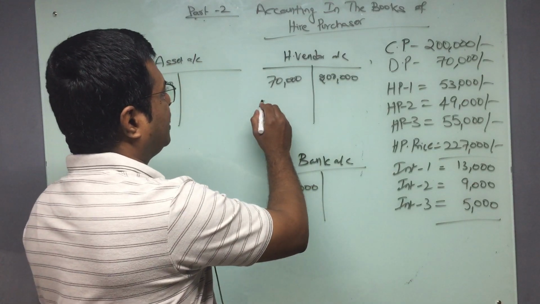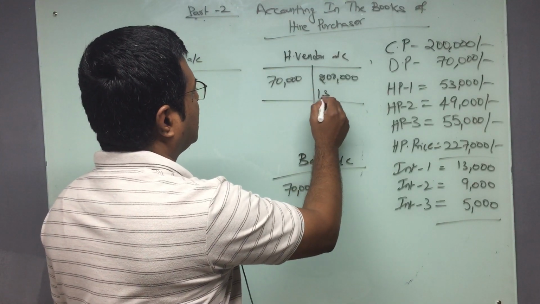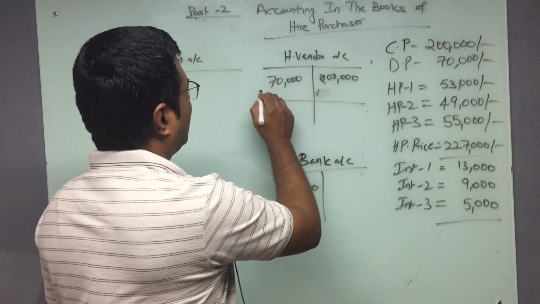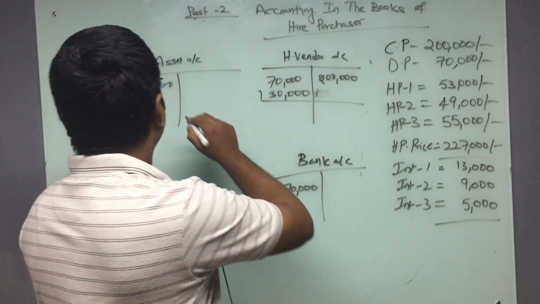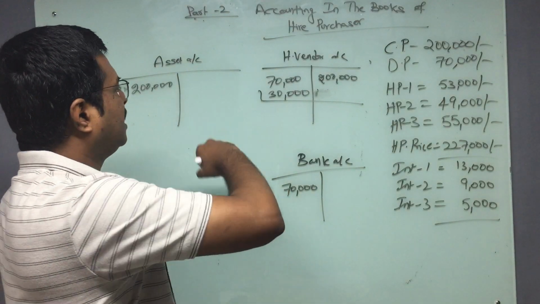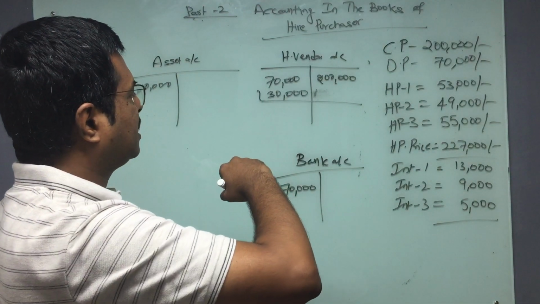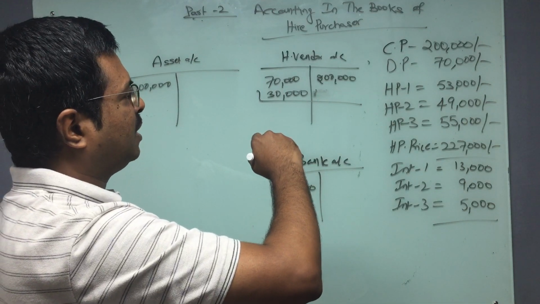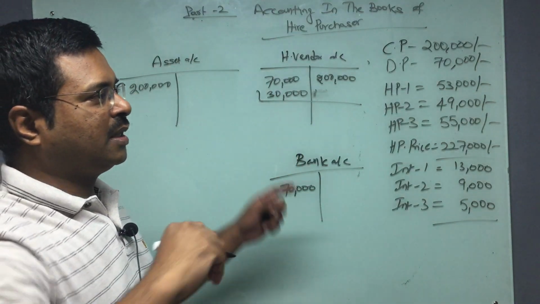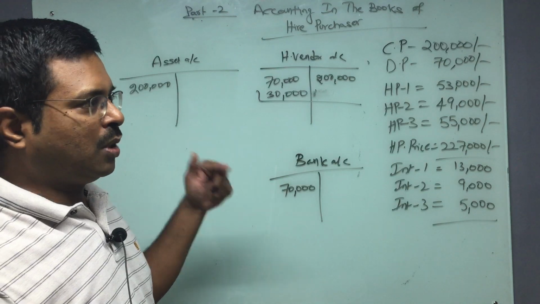Okay. So at the year end, my hire vendor balance will be 1,30,000, and I will make the next entry, interest. Okay. Interest entry, what I am doing, I am making interest liability of 13,000, that is interest account debit to hire vendor.